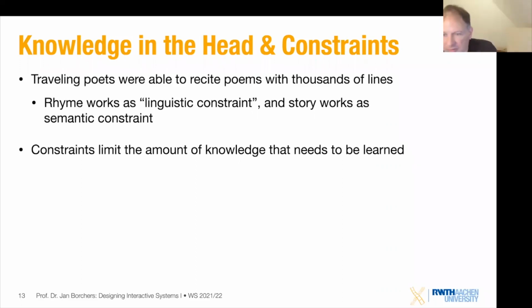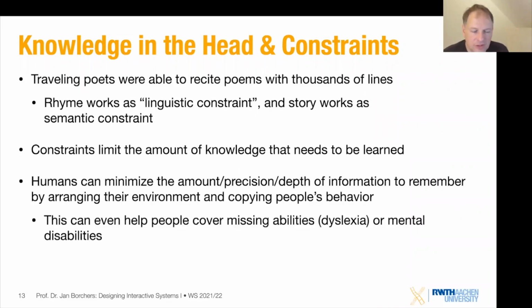And people make heavy use of these things. Humans can actually minimize, and they will, the amount of information that they need to remember. They will minimize the precision or depth of information they need to remember by just arranging their environment and copying other people's behavior.